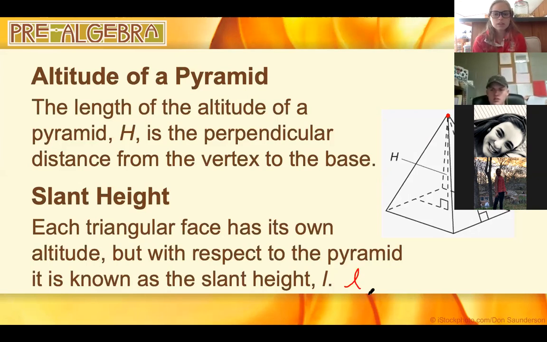Oh, the slant height? Yeah. The slant height, it is an altitude, it is a height, but notice it's the height of the triangle facing on the side. So capital letter H is the height of the actual pyramid, and L right here is the slant height of the triangle face.